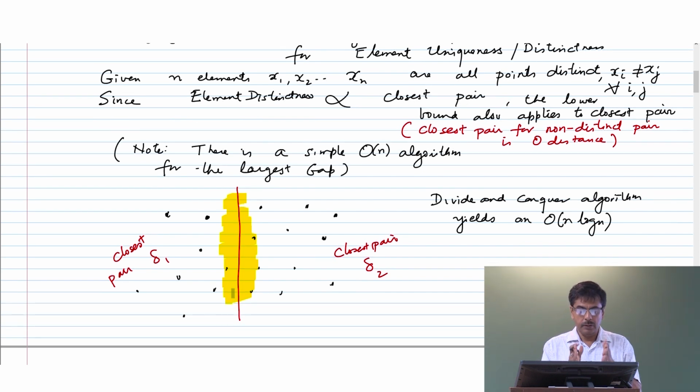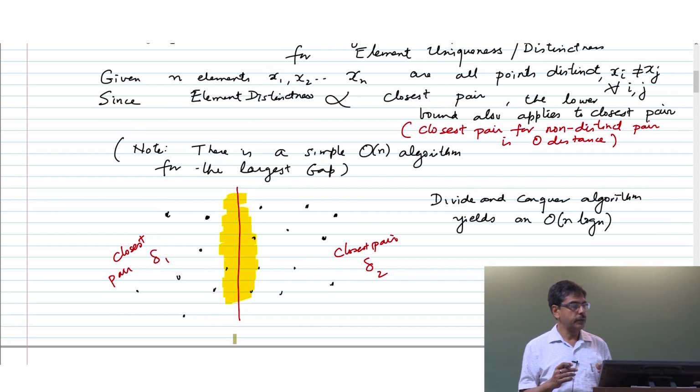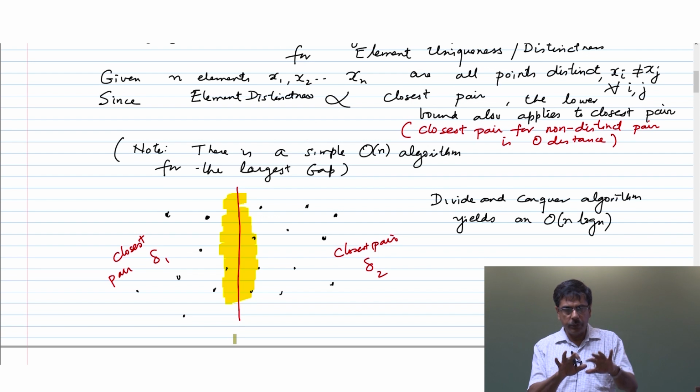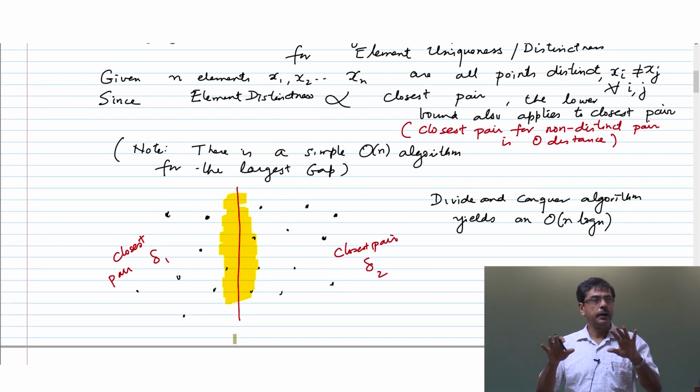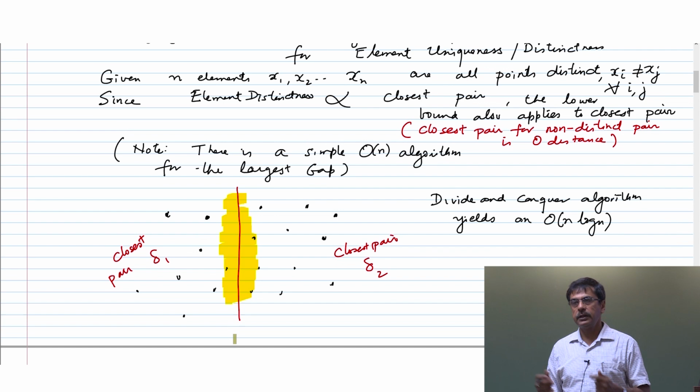So, how many points basically can be close across this line that you need to compare. Eventually it comes down to again using some geometry or some kind of packing arguments to get to a recurrence like T(n) equals 2 times T(n/2), because you have solved the problem for the 2 halves, and then for combining you need that argument on packing to show that there is no more than order n pairs that you have to check, then the merging can happen in order n time, and that yields the n log n algorithm.